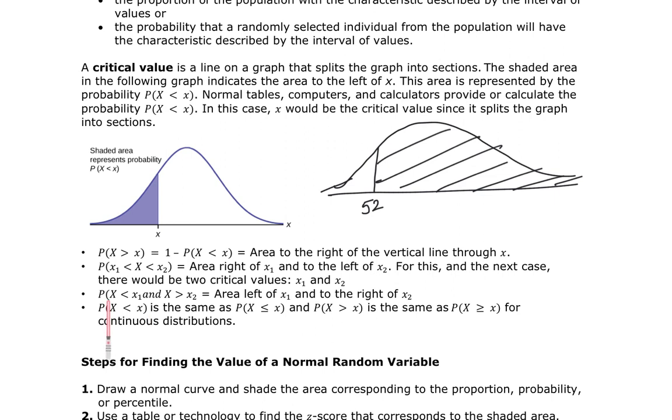So the probability that x is less than x sub 1 and simultaneously my random variable x is greater than this other one is to the left and to the right of those two points of interest. And just as a reminder, whether it is less than or equal to or strictly less than is the same, just like greater than or equal to in normal distributions is the same, because we are dealing with continuous distributions.